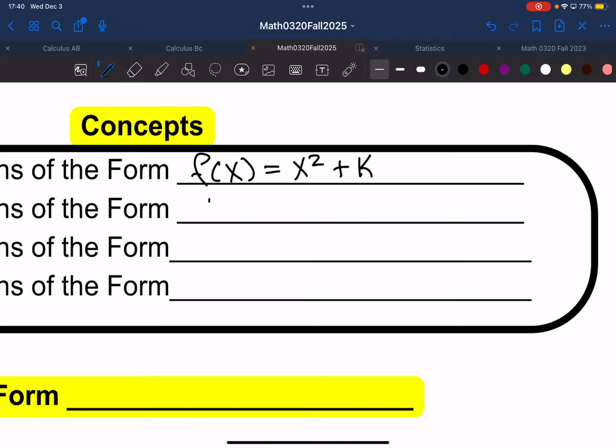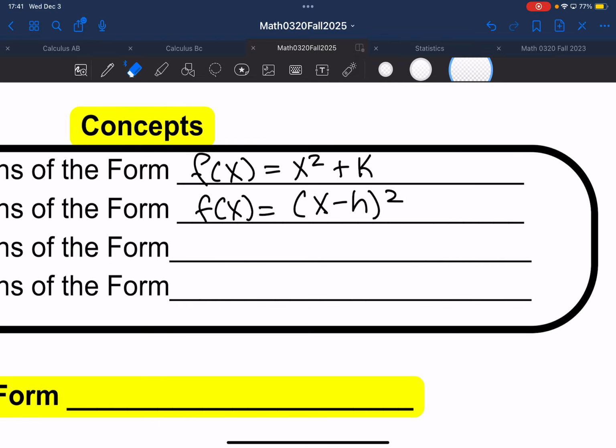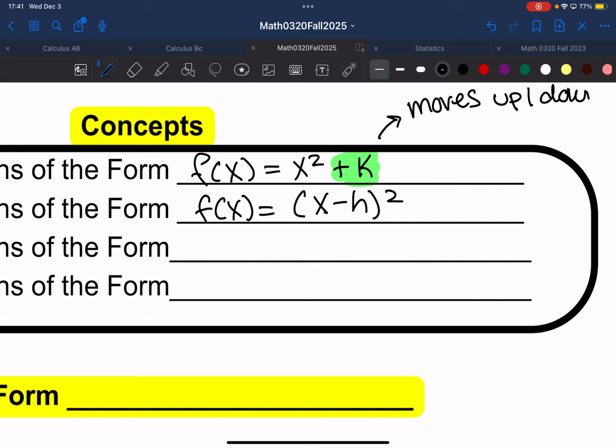We also have f of x is equal to x minus h squared. What this first one does, and we'll talk more about that later, is move our graph either up or down, depending if it's positive or negative.